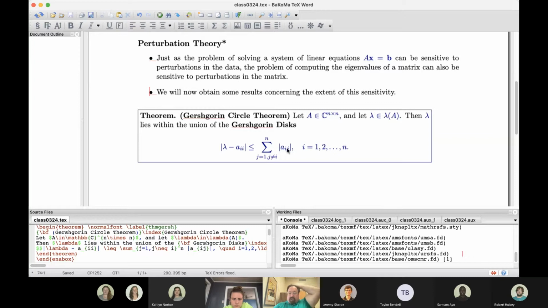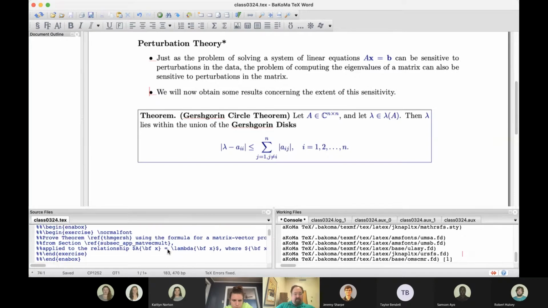So what could be interesting is suppose A is close to a diagonal matrix, like maybe the off-diagonal entries make very little contribution. That means that the radii of these disks would be very small, small enough to be disjoint. Then those disks would indicate that the diagonal entries of A would be excellent approximations of the eigenvalues.